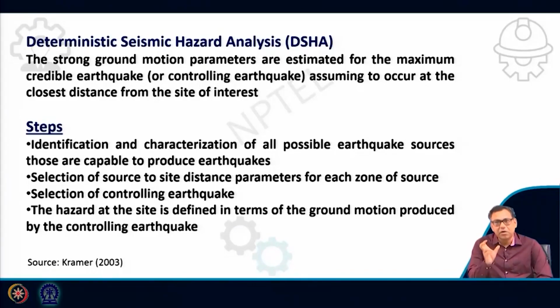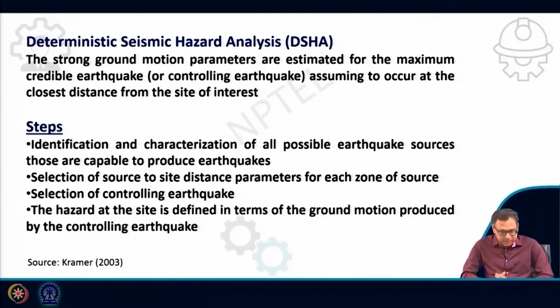Then select the controlling earthquake. What will be the controlling earthquake? Then the hazard at that site is defined in terms of the ground motion produced by the controlling earthquake. That controlling earthquake you choose, only that single earthquake you will consider to determine the ground motion parameters.